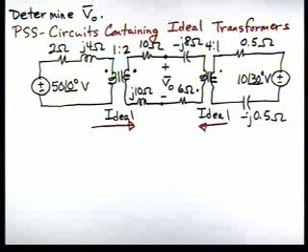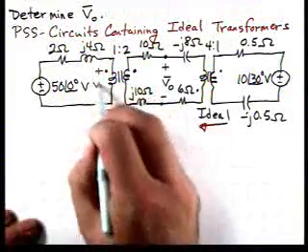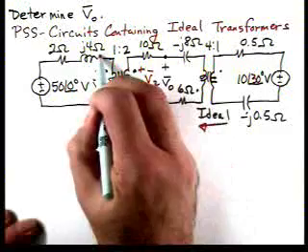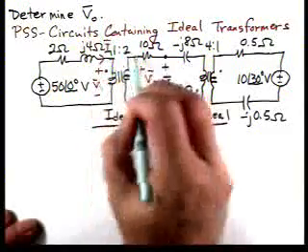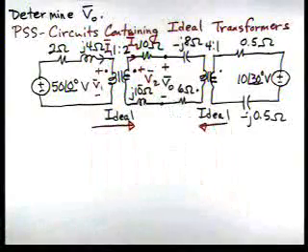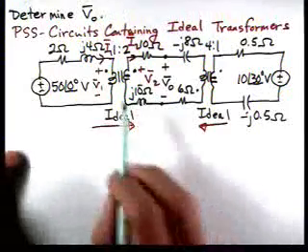So if we look at our strategy, it says to look at the relationship between the dots and the voltages. We really haven't got any voltage here, but let's label this one, for instance, V1, V2, and let's label this current I1, this current I2. The voltages are both referenced with respect to the dots.